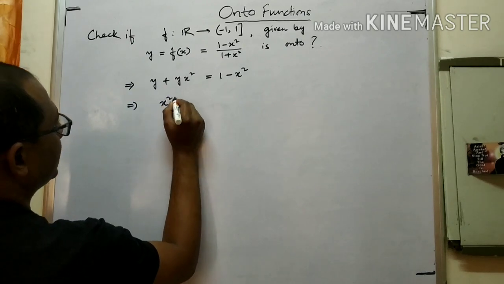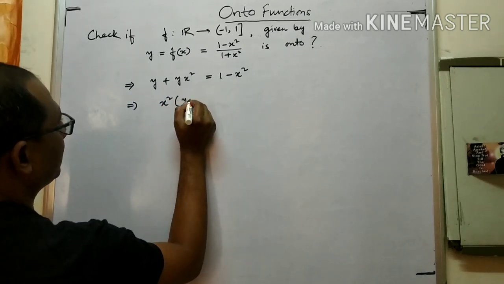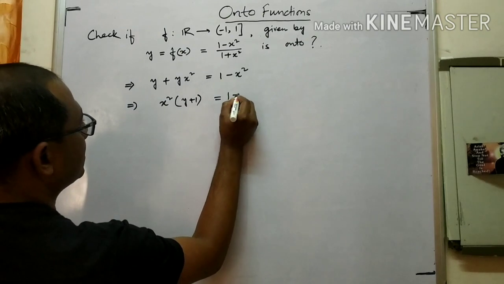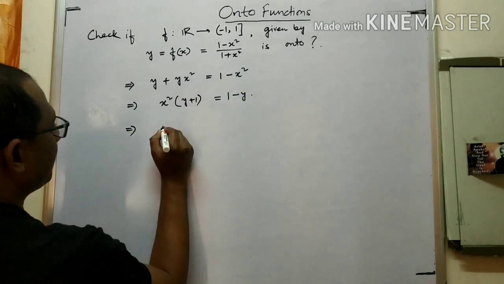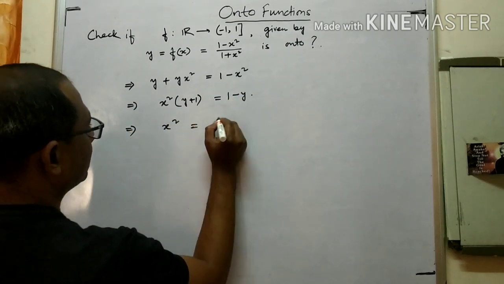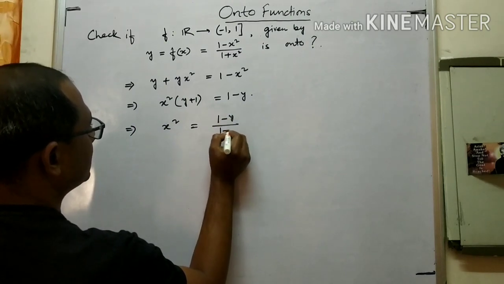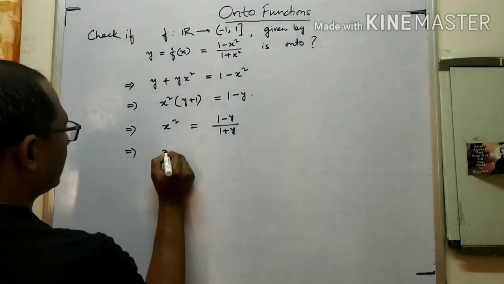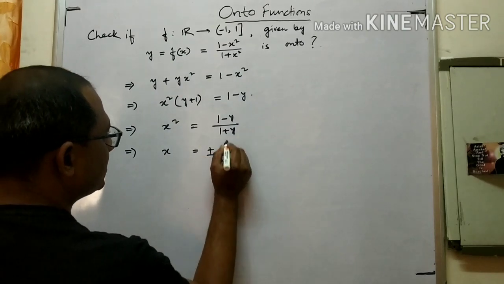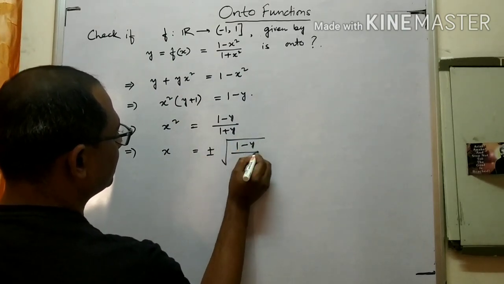So x squared will be taken common here. We'll get y plus 1 times x squared equal to 1 minus y. So x squared will be equal to (1 minus y) by (1 plus y), and x will be equal to plus minus the square root of (1 minus y) by (1 plus y).